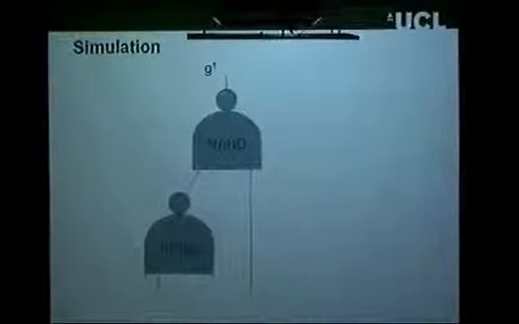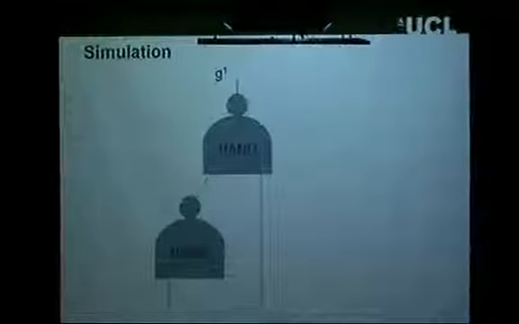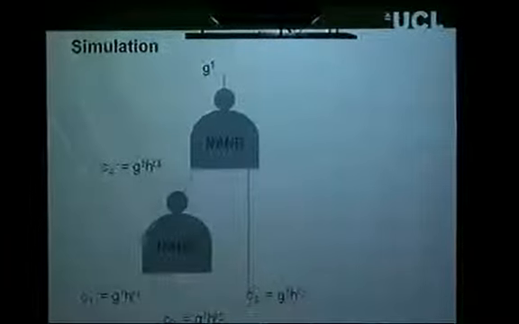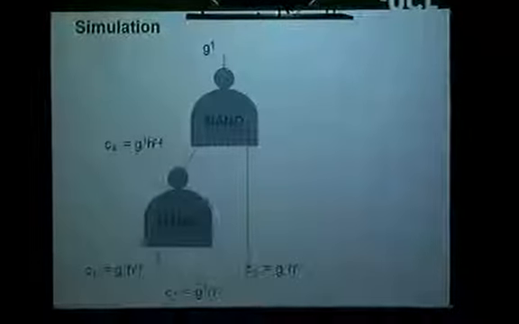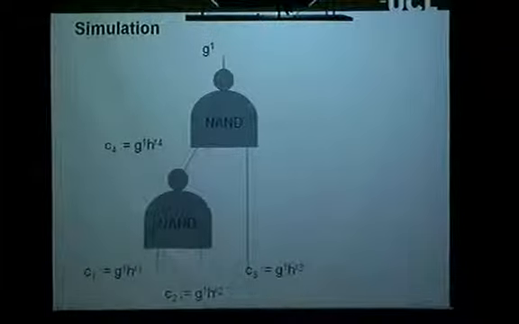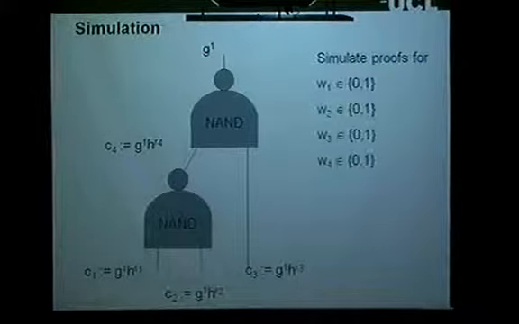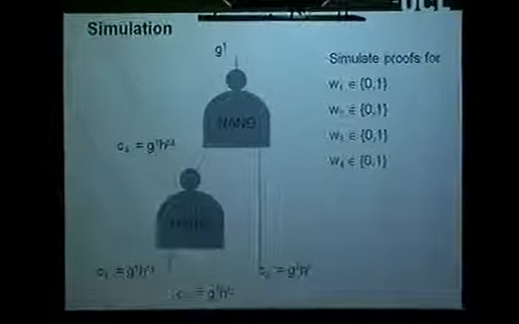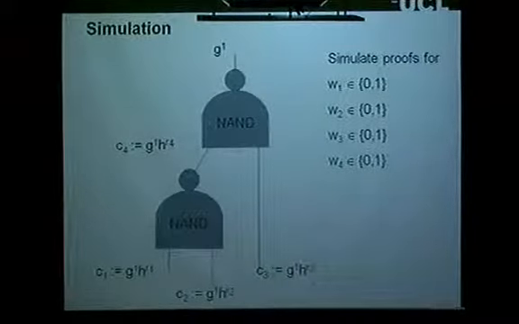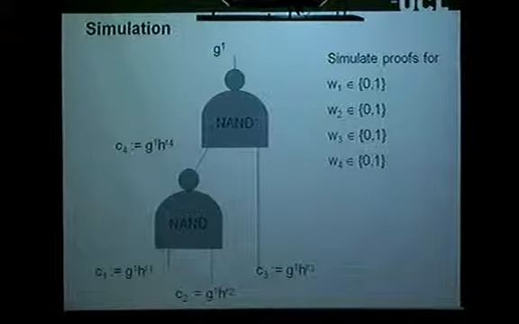So in the simulation, the simulator will do the following. It will just commit to all 1s because it doesn't know what the witness is. And then it will simulate proofs that these wires are 0s or 1s. That's of course very trivial because they're all 1s, so it can give these kind of proofs. It will just run the regular proof algorithm for that.